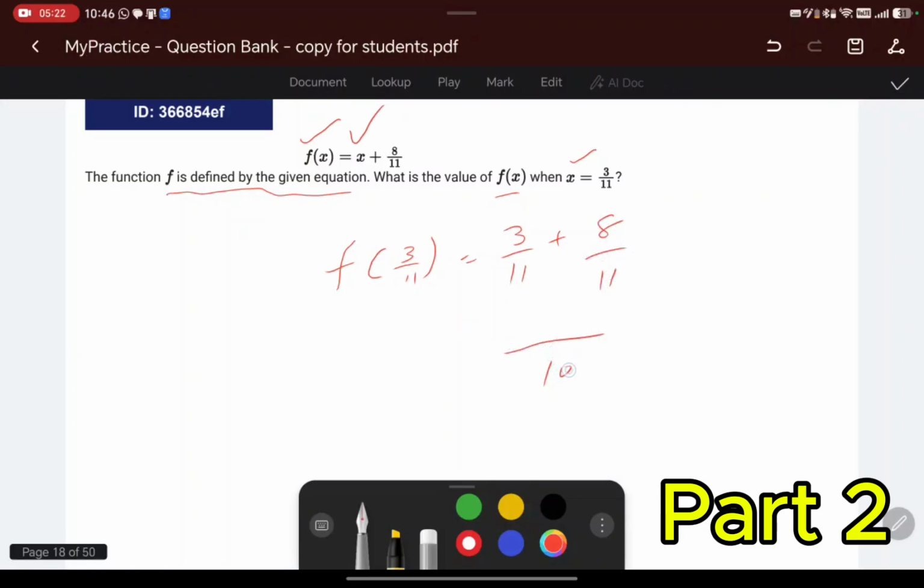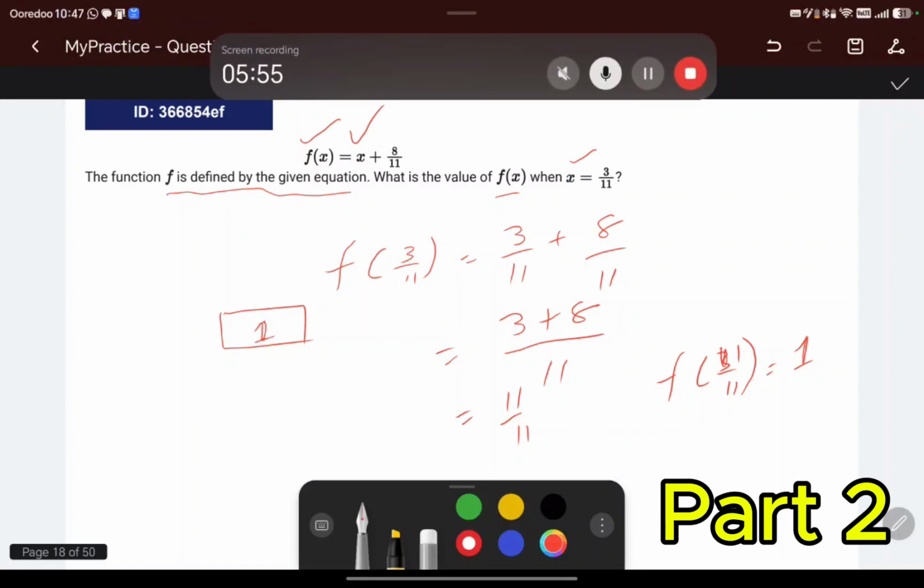So 11 will be the denominator, and 3 plus 8 is equal to 11, so 11 over 11, which means 1. That is the answer. Place 1 here. So 1 is the answer for this question. Save your time as much as you can.